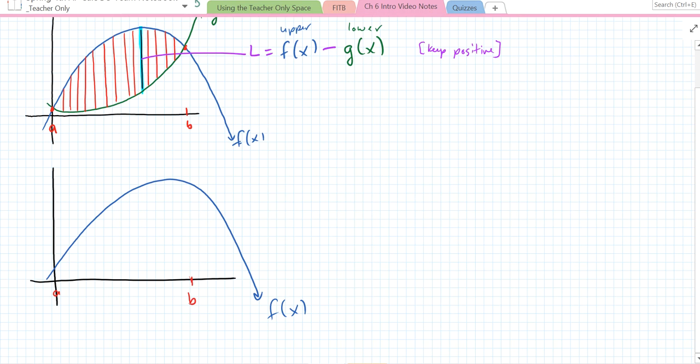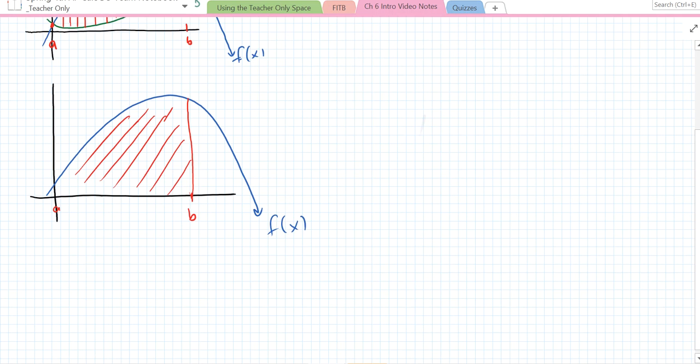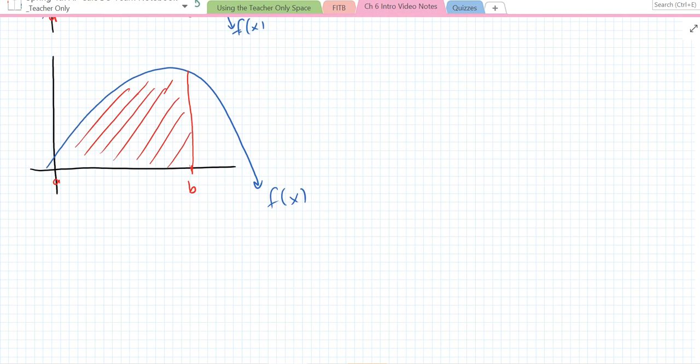Then I want to find all this area under the curve. And before, when we did integration, that is just the integration from a to b of f of x dx.